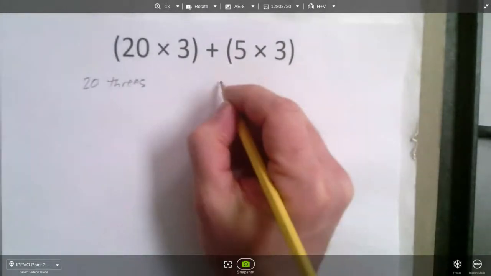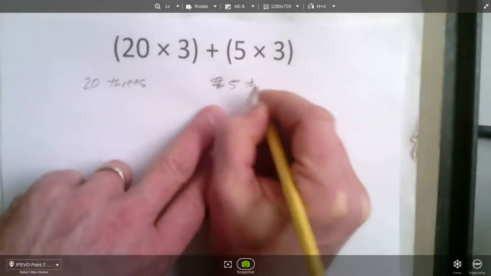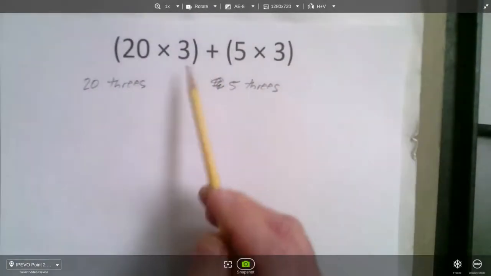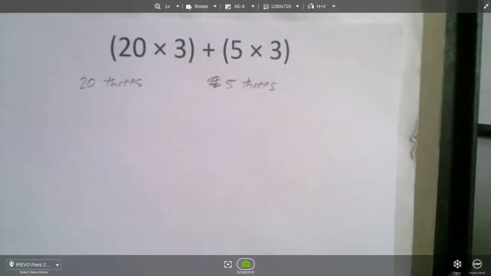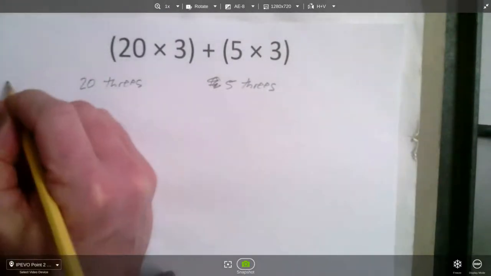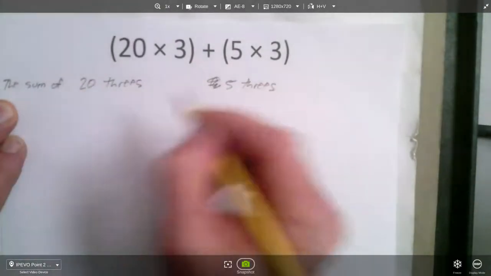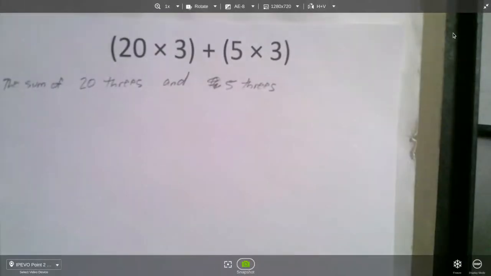Well, that's 5 3s. And so what would be the proper answer for this if I was going to write it in word form? Well, it would be the sum of 2 3s and 5 3s.